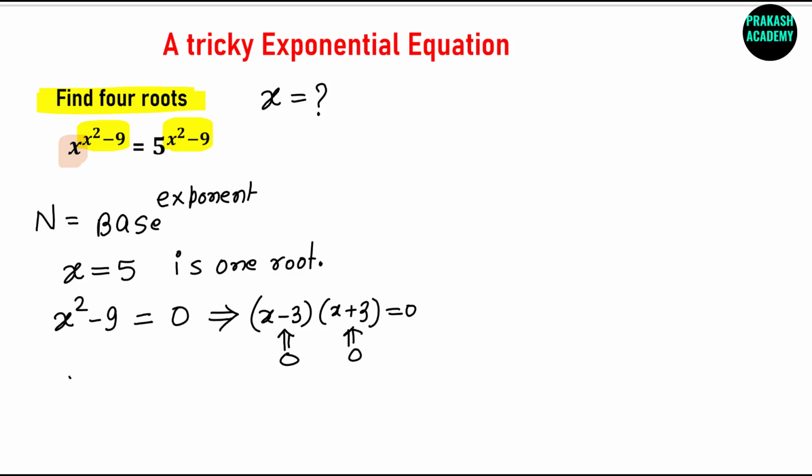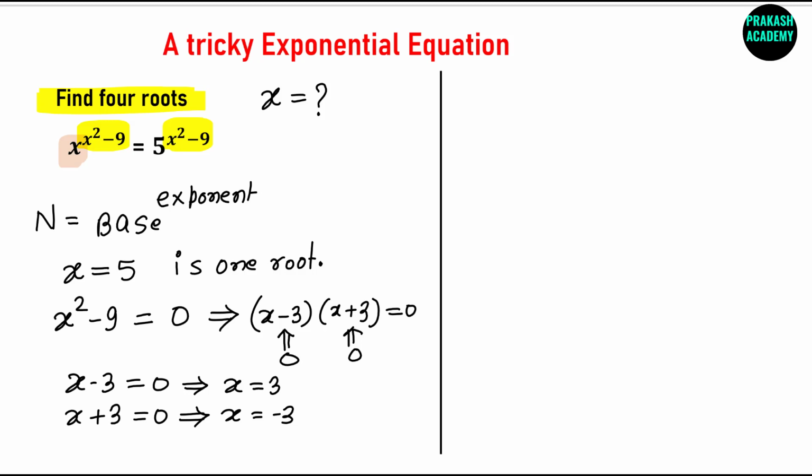So if I put x minus 3 is equal to 0, this means x is equal to 3, and if I put x plus 3 is equal to 0, this means x is equal to minus 3. So now we have two roots here, that is x equals 3 and x equals minus 3. So these are roots.